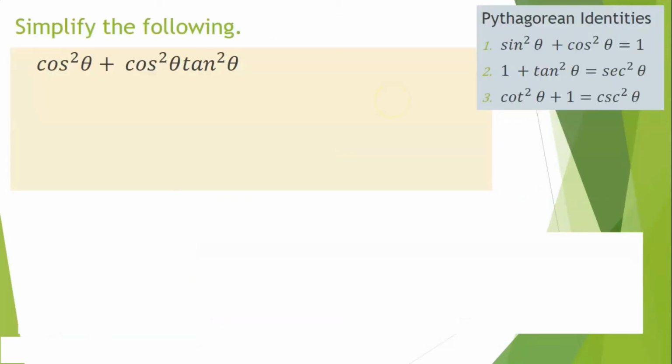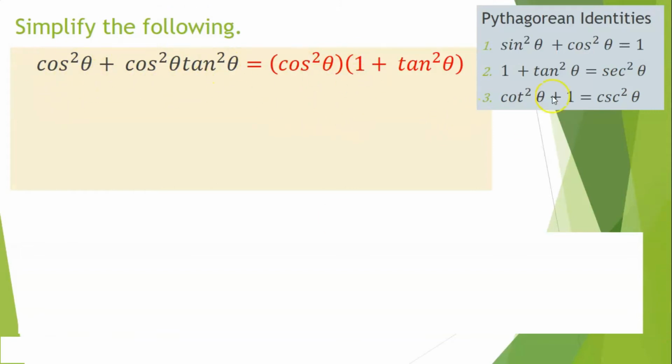Now, let's have this one. So these are the Pythagorean identities. So let's simplify this applying them. So again, cosine squared theta plus cosine squared theta tangent squared theta. In this case, cosine squared theta is common, so let's factor it out. We will end up with 1 plus tangent squared theta.